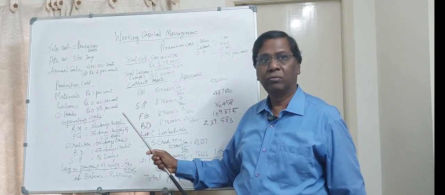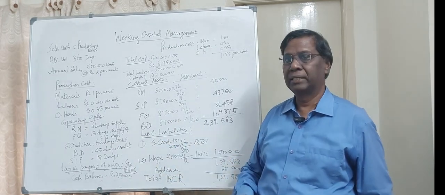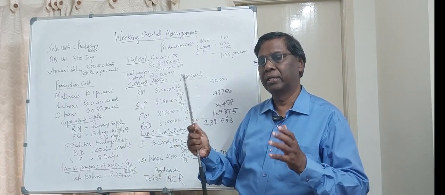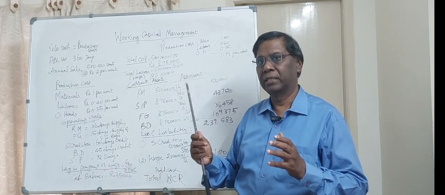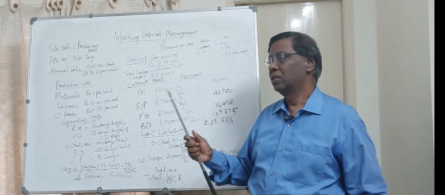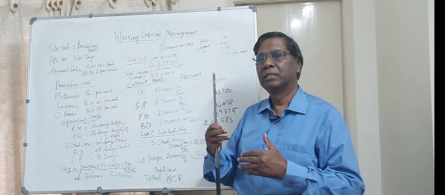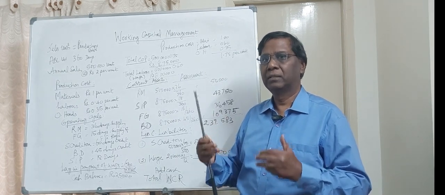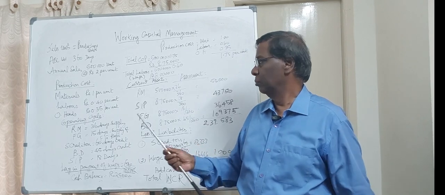Okay. Then the operating cycle is given. Operating cycle already discussed. Raw material 36 days: raw material required for 36 days of production is to be kept in the godown. Then finished goods 15 days: sales of 15 days has to be kept in the godown for sales purposes, to meet exigency.